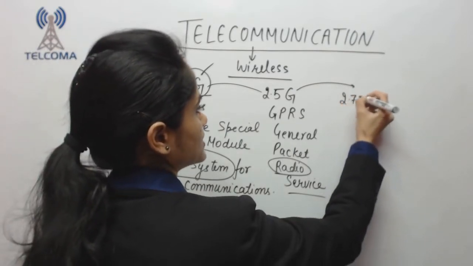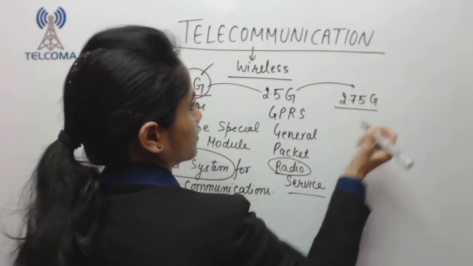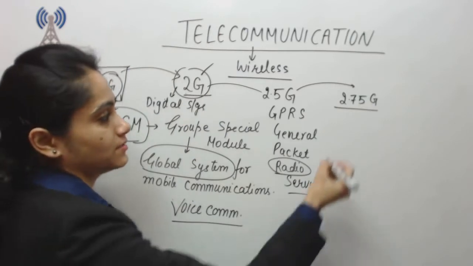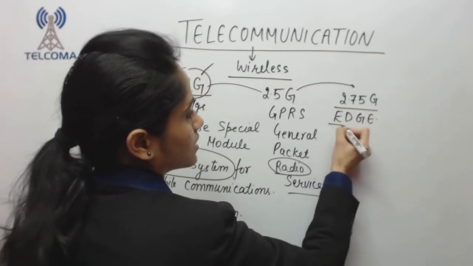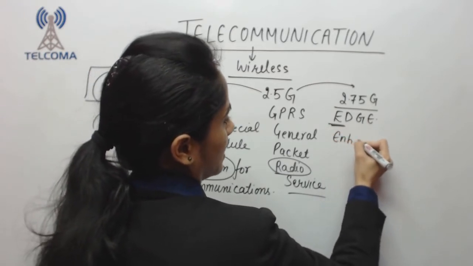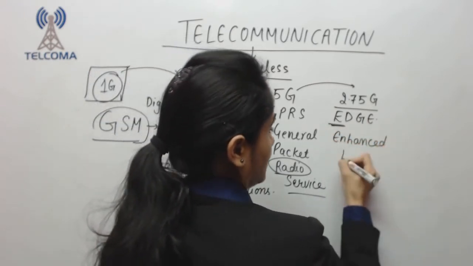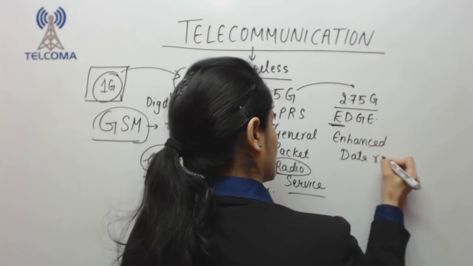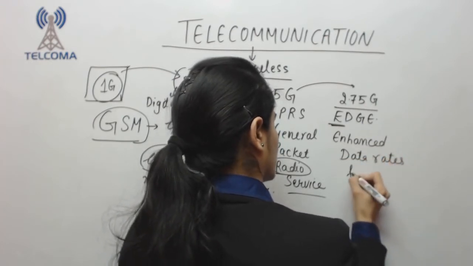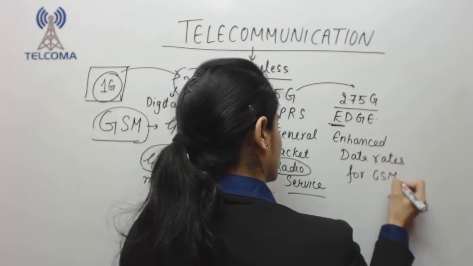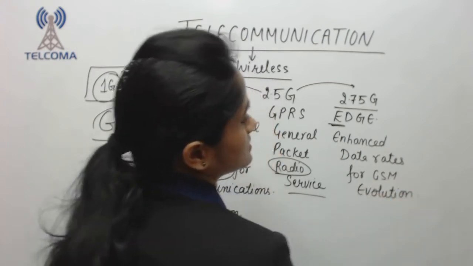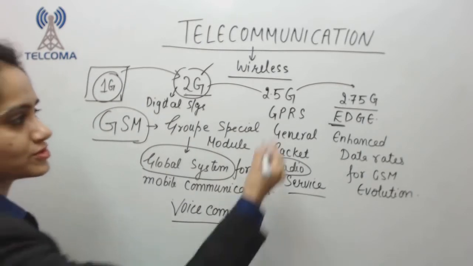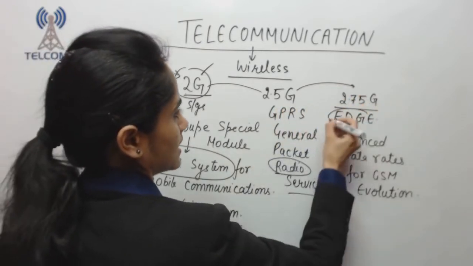So we have 2.75G, with the name EDGE. E stands for Enhanced Data rates for GSM Evolution. That means we have increased the data rate from GPRS in EDGE technology.